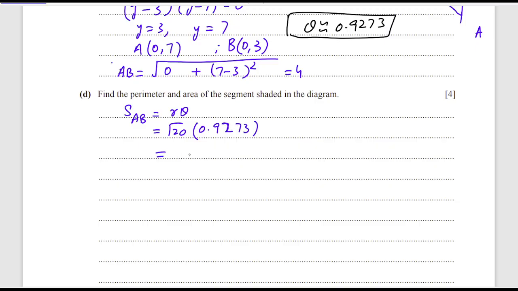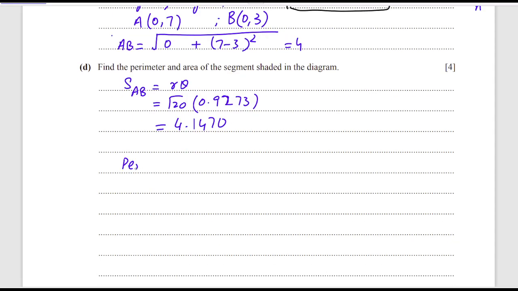Using a calculator, this is equal to 4.1470. So the perimeter equals the length AB plus the arc length, which is 4 plus 4.1470, which is equal to 8.1470. So this is approximately equal to 8.15 to 3 significant figures.